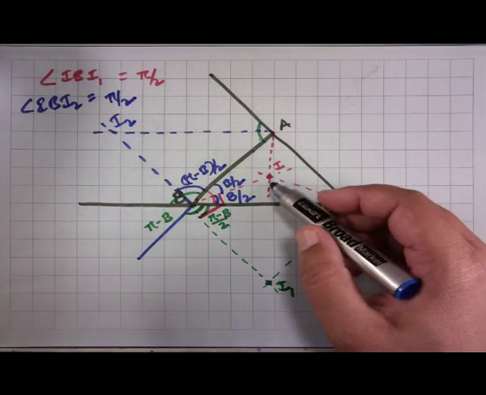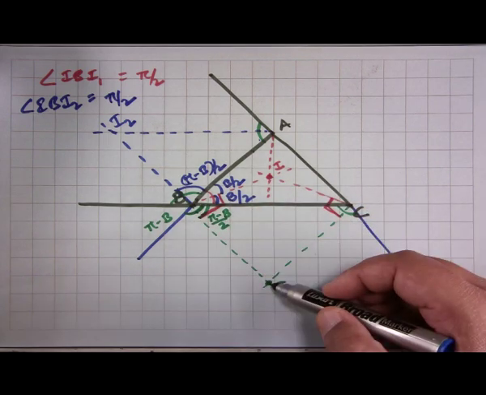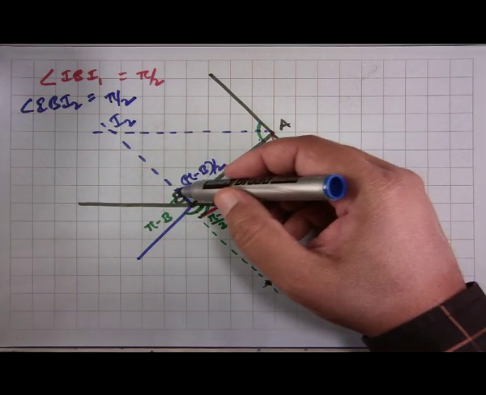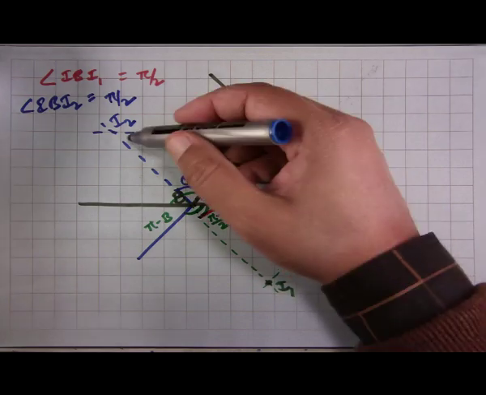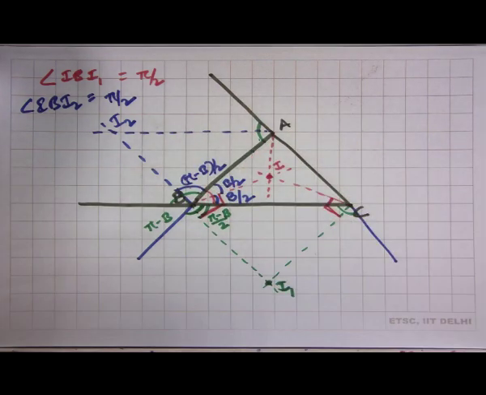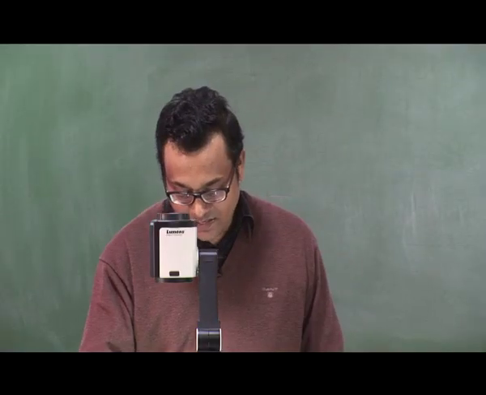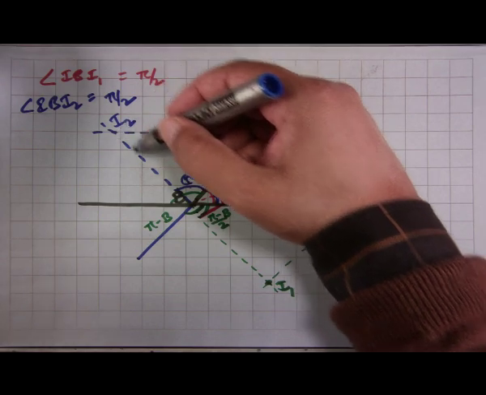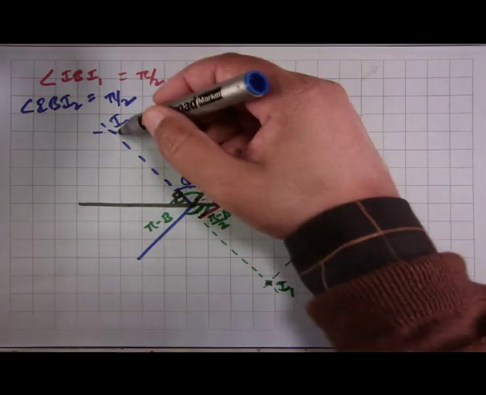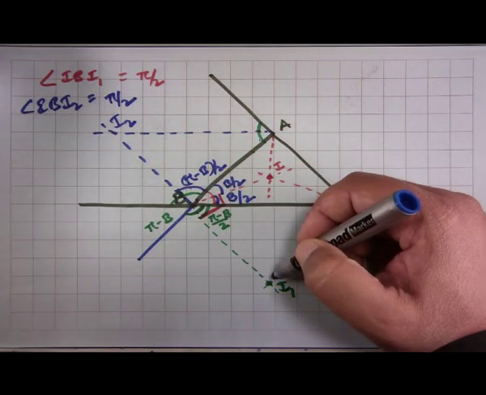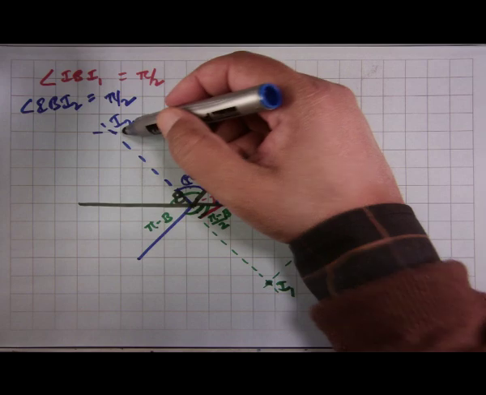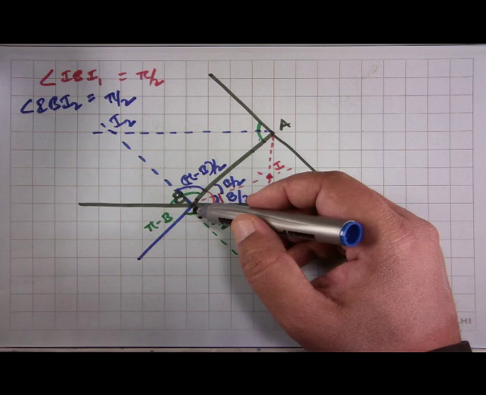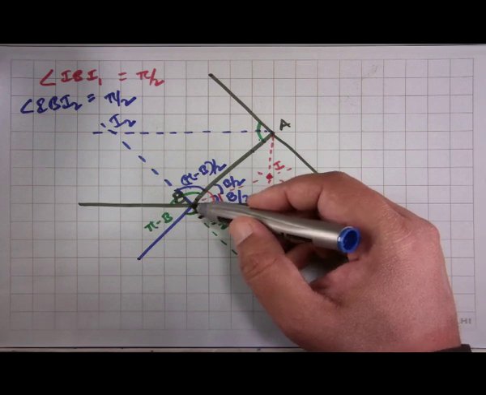So, we have shown that I b I1 is 90 degrees and I b I2 is also 90 degrees, and therefore, this entire angle I2 b I1 is 180 degrees, which implies that I2 b I1 is a straight line. So, this green dotted line followed by this blue dotted line followed by the green dotted line is indeed the straight line joining I2 and I1, which also passes through this vertex B of the triangle ABC.